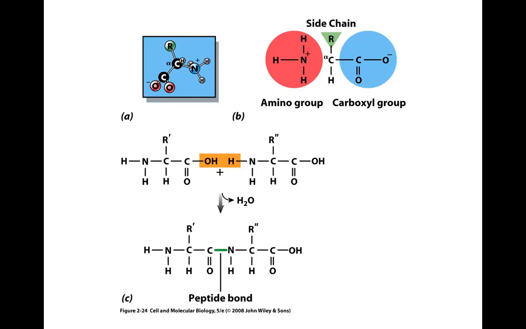So water is being released and we end up with NCC, NCC, OH, N already has the NH2 group. And then we have the R's, don't forget to label the R's. The correct carbon should have the side chain and the oxygens. So make sure you label where the peptide bond is.